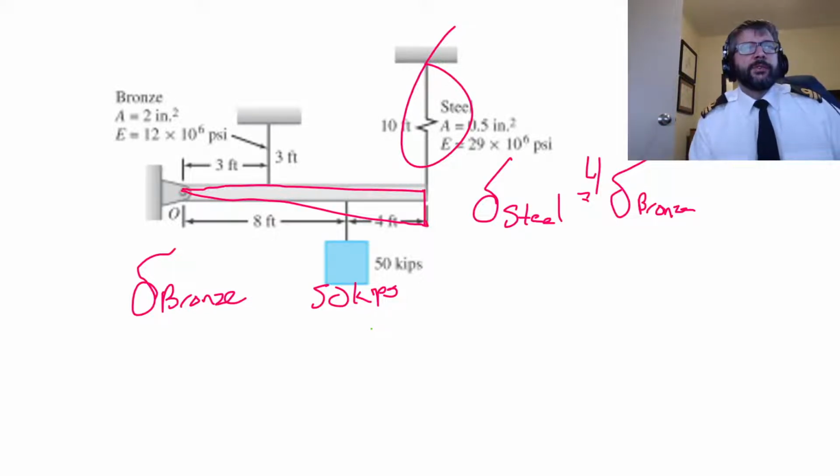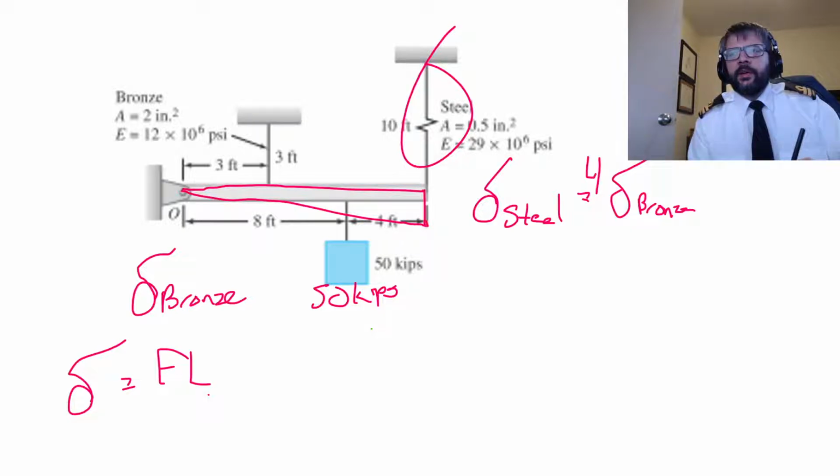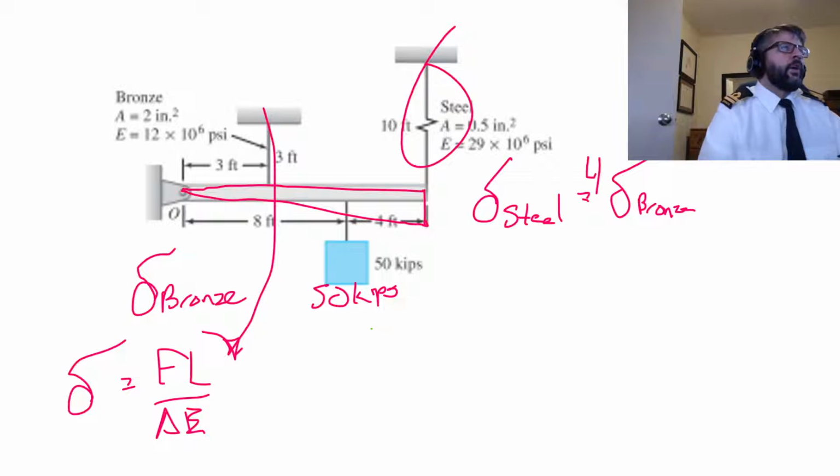That means we can also relate the forces to one another. So again, just keeping in mind that our displacement is equal to FL over AE. So plug in the values from here for the bronze, and then do the same thing for the steel, and then we'd be able to solve for what those two forces are relative to one another.